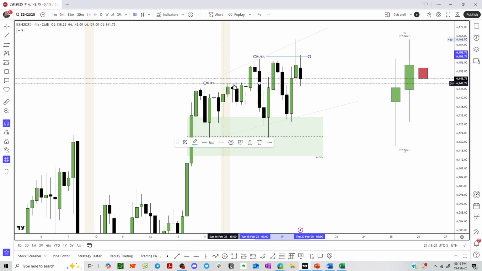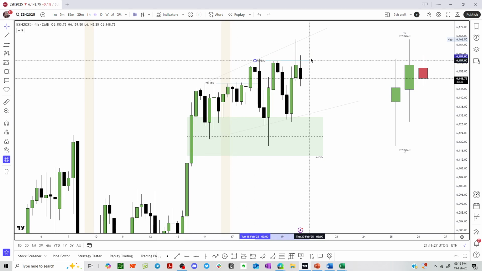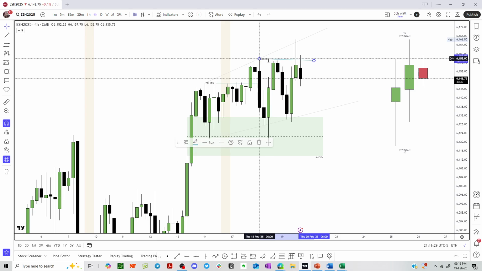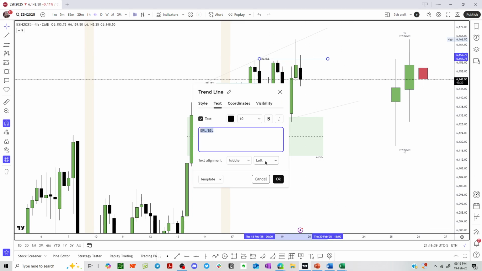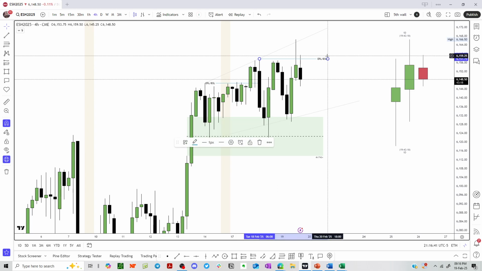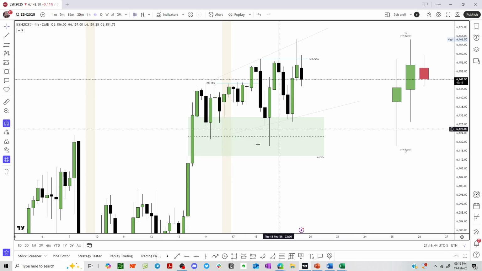And then do the same thing here. So this is actually relative equal highs here. And you see price ran above it. Likewise, here is also relative equal highs again, because you have this here. But yeah, you can denote that as relative equal highs if you want. I'm just going to leave it as it is. External range liquidity, buy side liquidity.